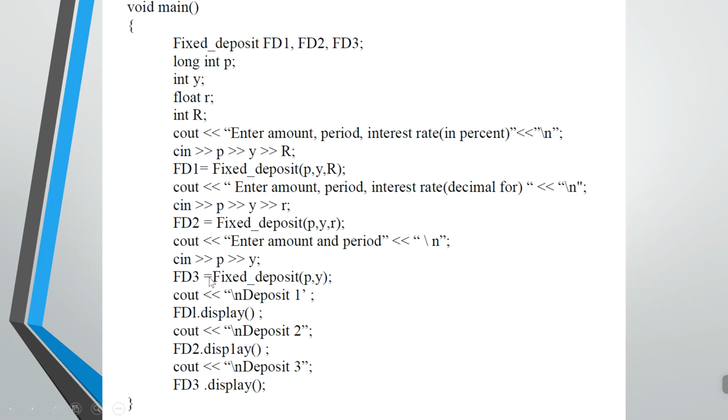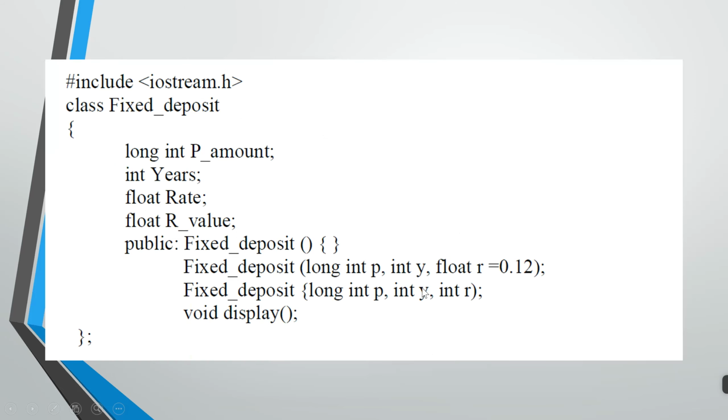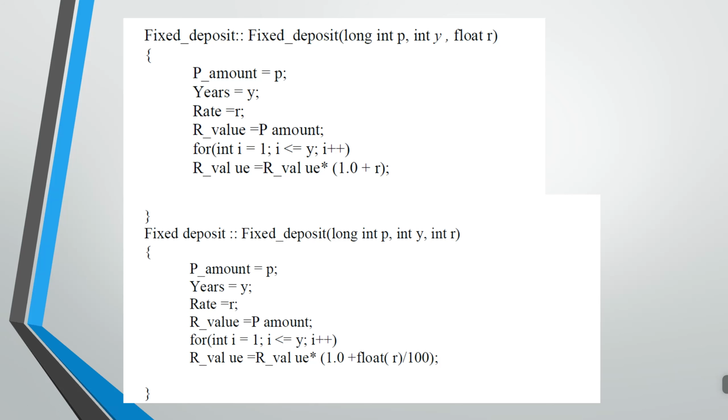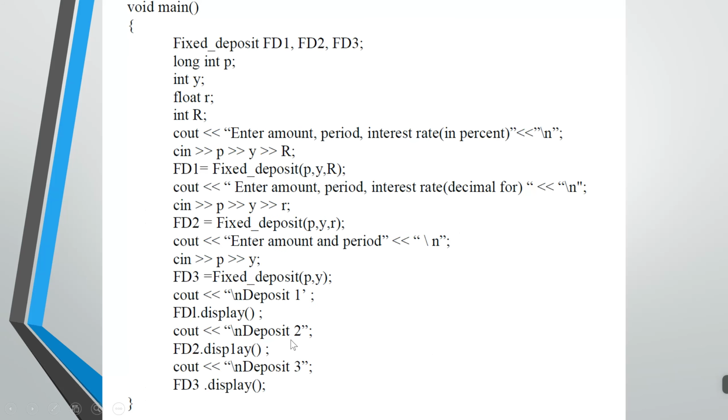So FD3 is fixed deposit of P, Y. Where this particular constructor will be used, P, Y. R is taken as 0.12 because of the default argument. So FD1 will be displayed, FD2 also will be displayed, and FD3 also will be displayed.